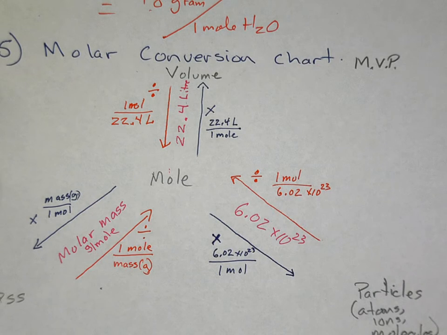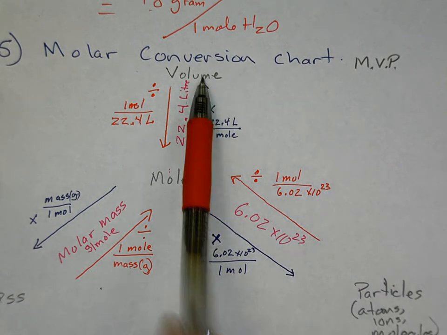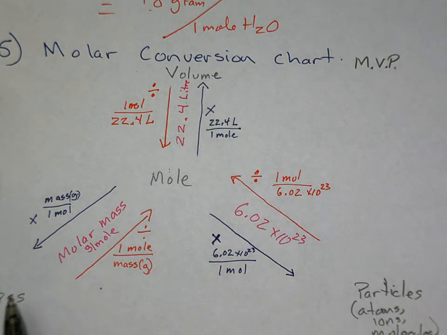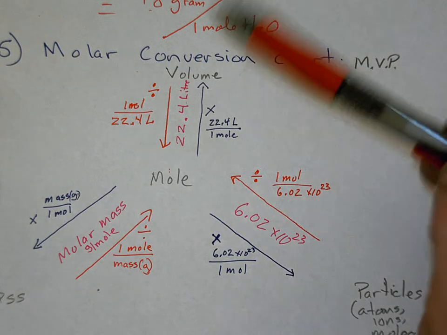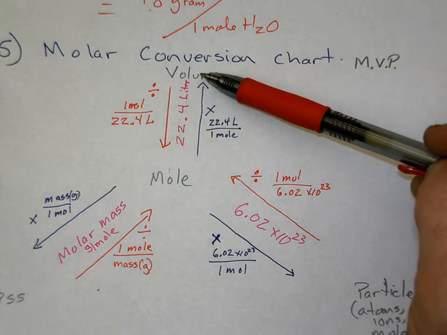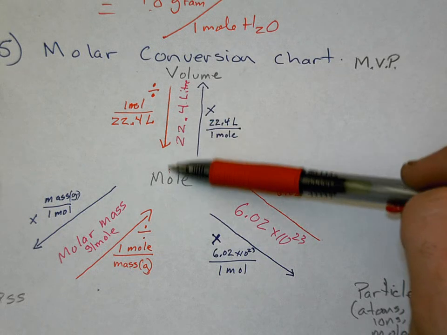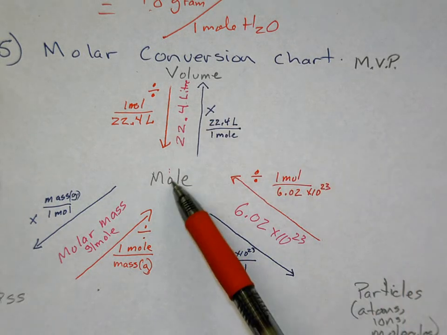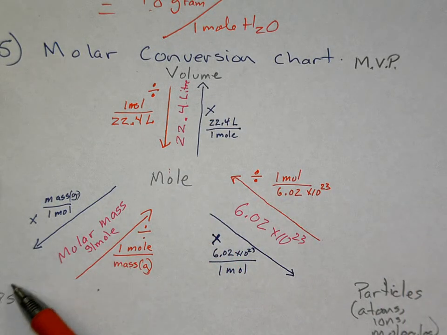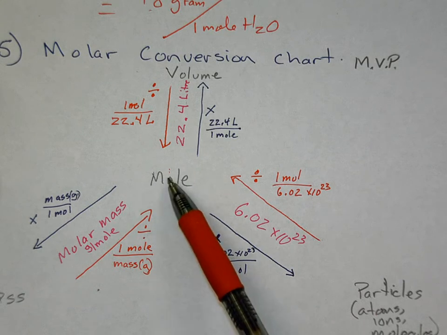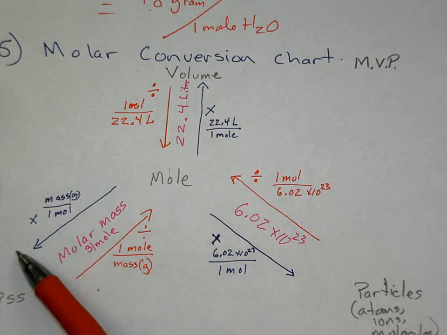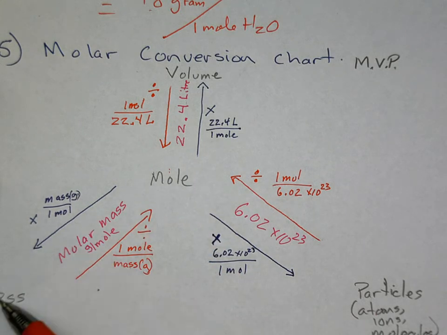But now we're going to start working on problems where we give you a volume of a gas and want you to tell us the mass. You would divide by 22.4 to find the moles, and then you would take your moles of that gas and multiply by the molar mass, and you'd end up with the mass.